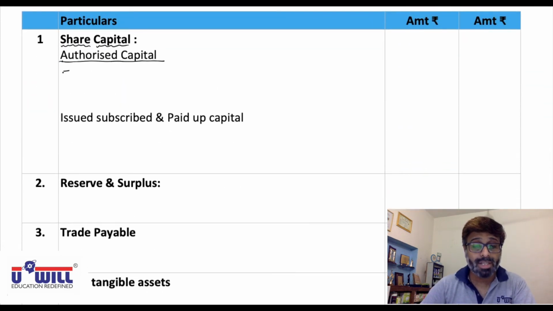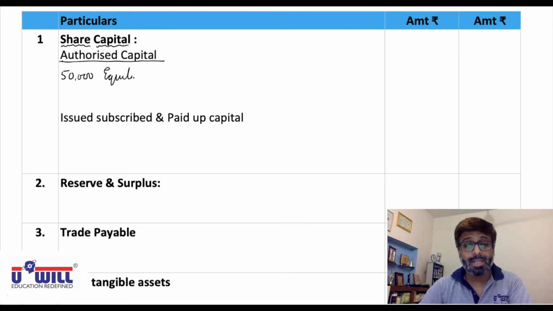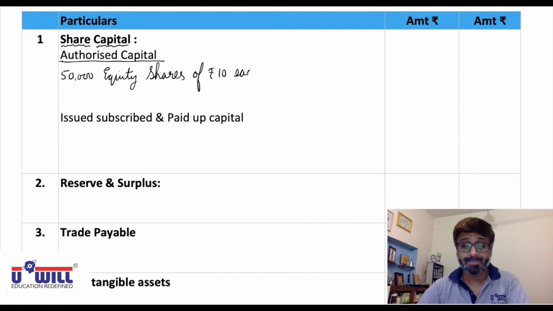So we would mention that 50,000 equity shares of rupees 10 each, that is 5 lakhs.